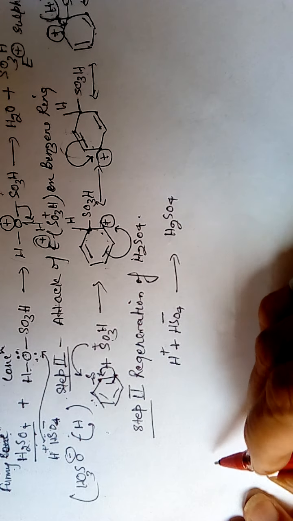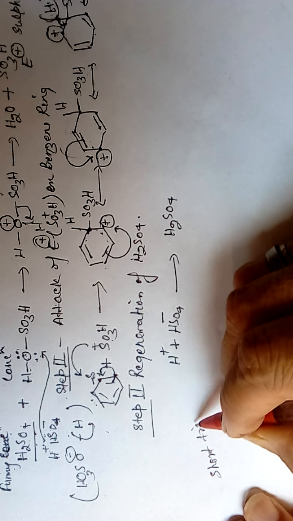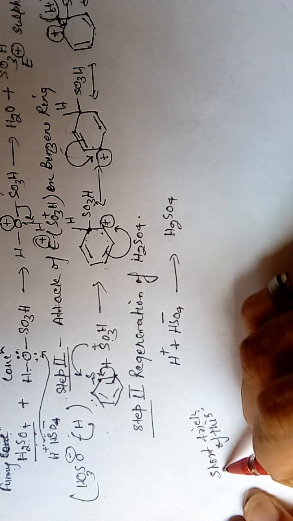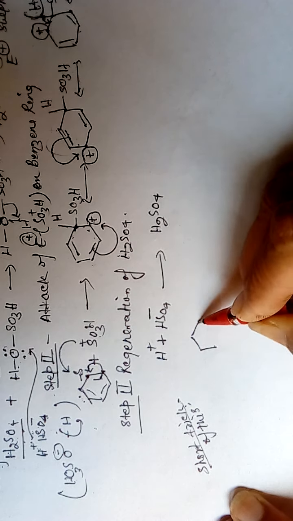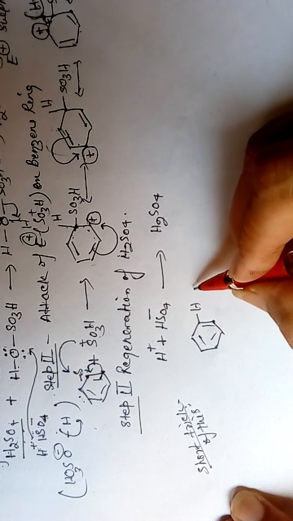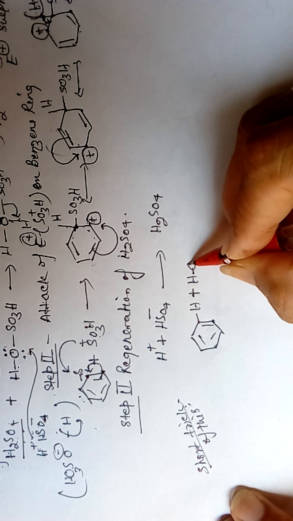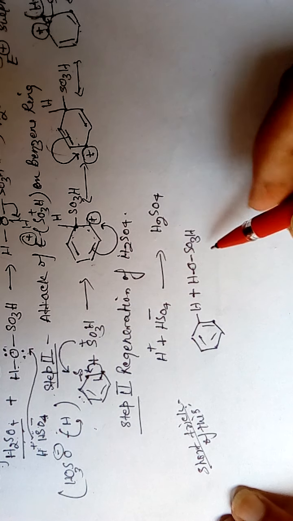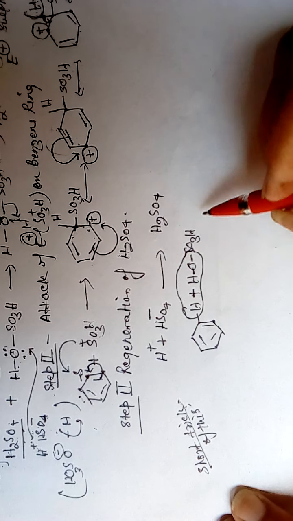Now let's see the short trick of this reaction. We can write benzene like this, and sulfuric acid like this. Here we release a water molecule from here.